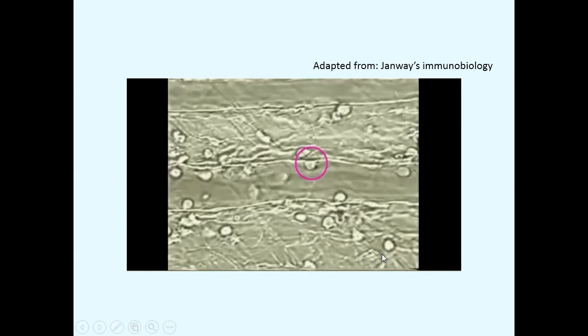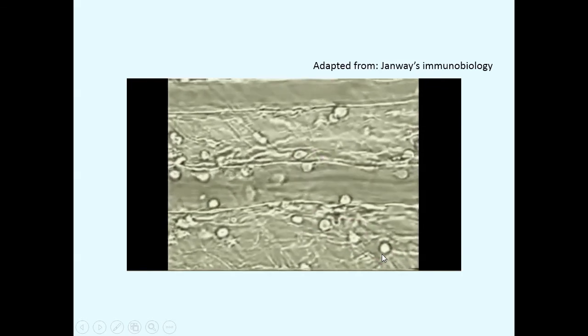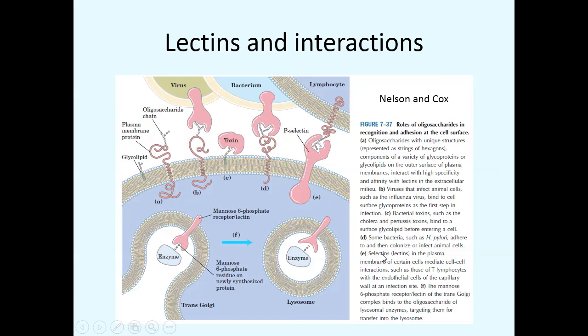The next slide shows interaction of different cell types by means of carbohydrate binding proteins. You can see that different cells of the body, for example lymphocytes shown here, bind to specific binding proteins on other cells.